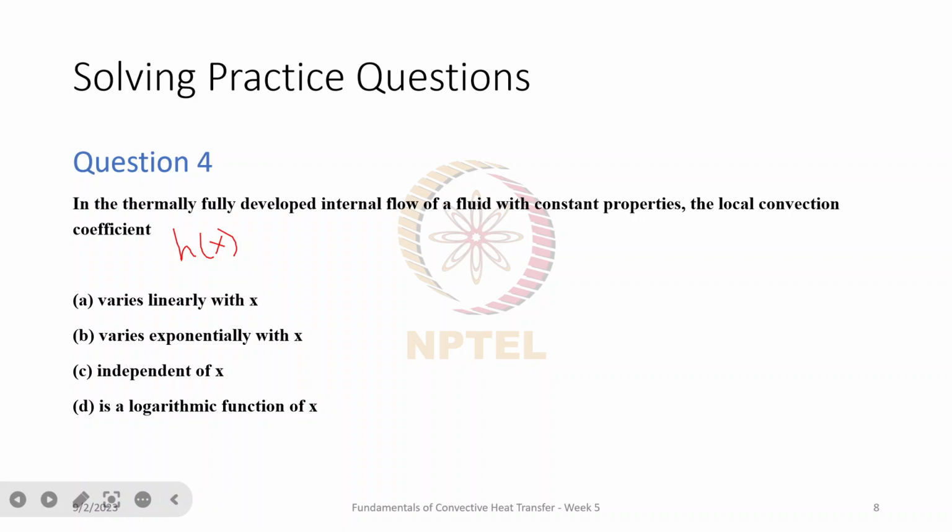You can either type in the chat box or you can unmute and answer as well, whichever way you feel more comfortable. You're welcome to do so.